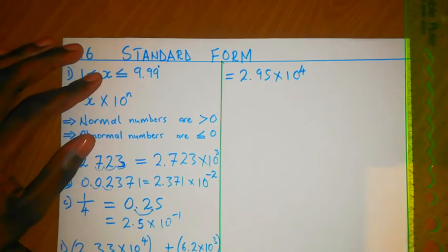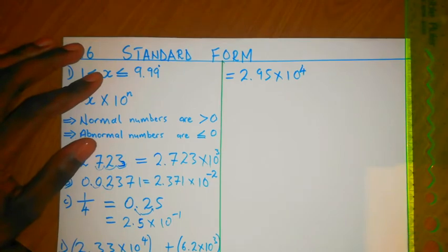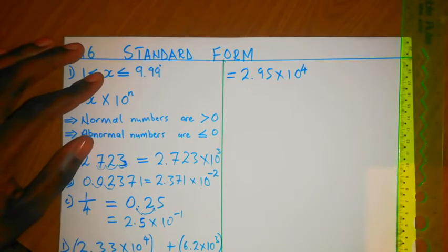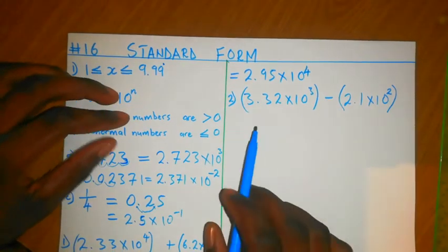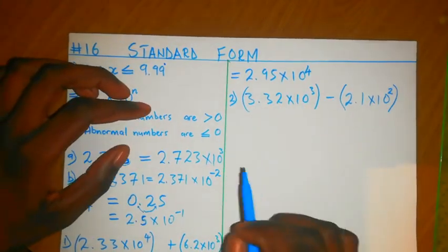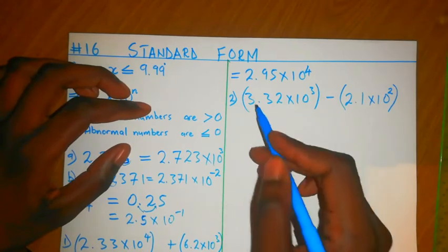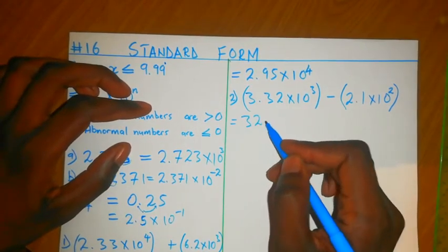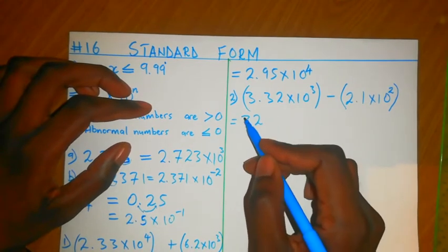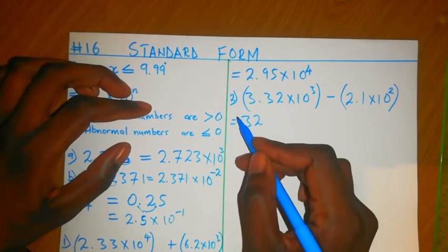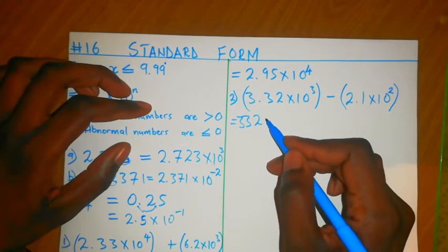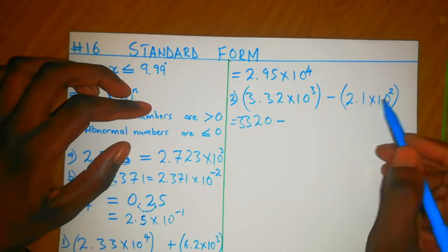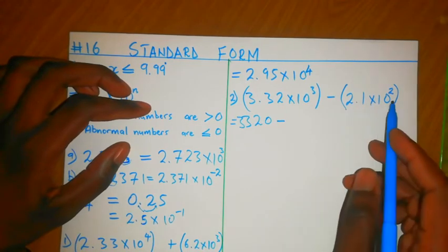So it's the same even with what? With subtraction. Let me give you an example for subtraction. So there is our example. We're supposed to first convert this into what? Into ordinary form. This was a normal number, so it's going to be 3, 3, 3, so that's 3, 3, 2, 0, minus, then that one is 2.1 times 100.